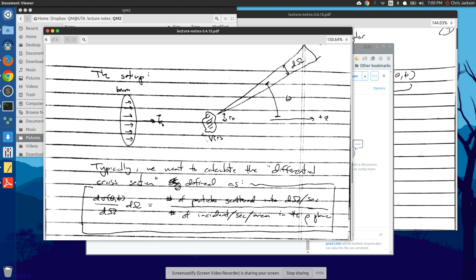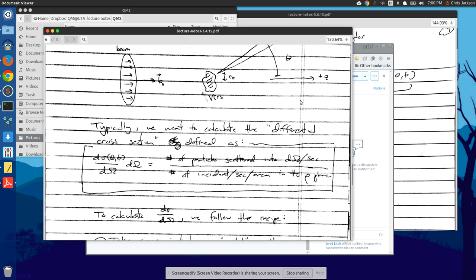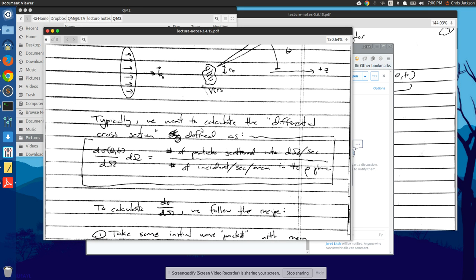So what we're trying to compute is basically the probability that this beam comes in, scatters off of this potential, and then we detect it at some angle, theta and phi, which is not shown here, in some detector at some particular angle away from the axis. That quantity is what we call the differential cross section.